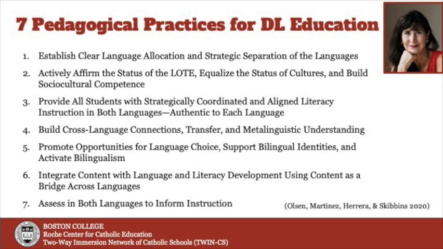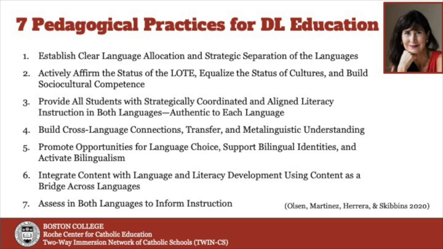So the first one is to establish a clear language allocation and strategic separation of languages, and it might seem apparently that number 1 and number 4 are in contradiction, but they're not, and both are very necessary, and we will discuss why. So the second practice is to actively affirm the status of the language other than English, the LOTE, as we equalize the status of cultures, building sociocultural competence.